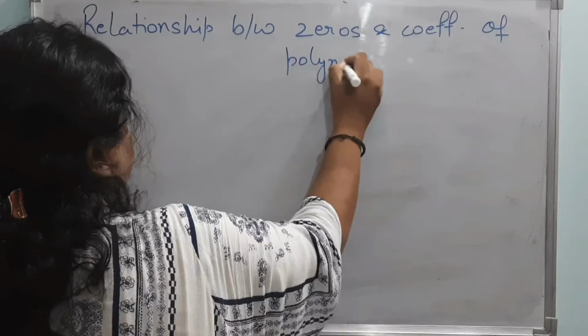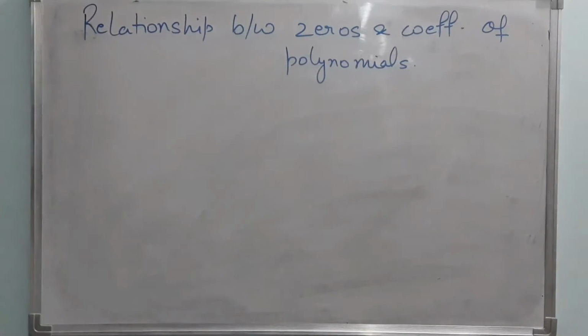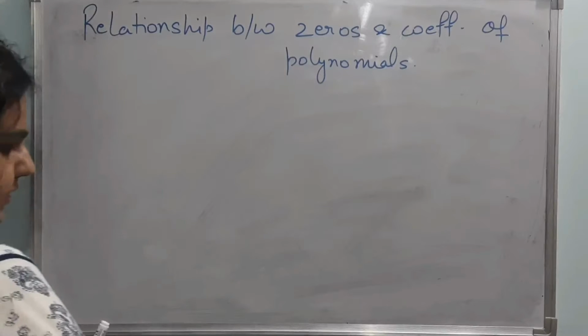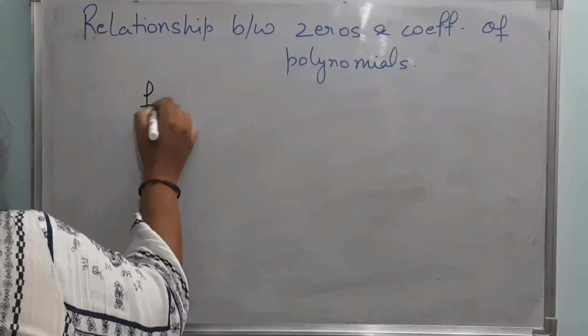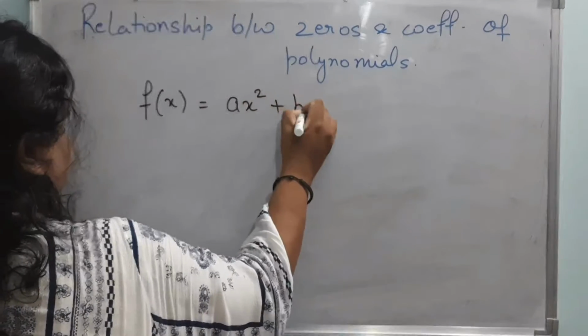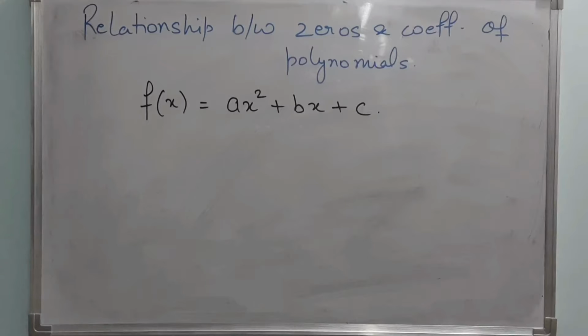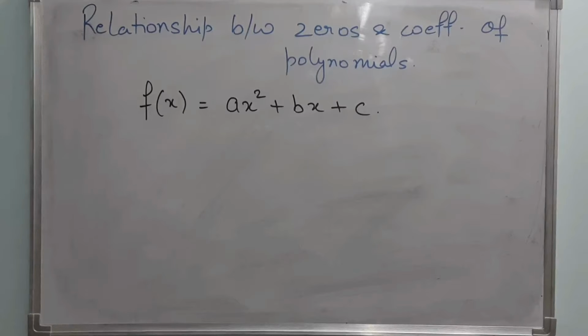We have to find this. So how do we find this? First of all, I am taking a standard form: ax square plus bx plus c. This is a quadratic polynomial, and we have to find the relationship between the zeros and coefficients of the polynomial.